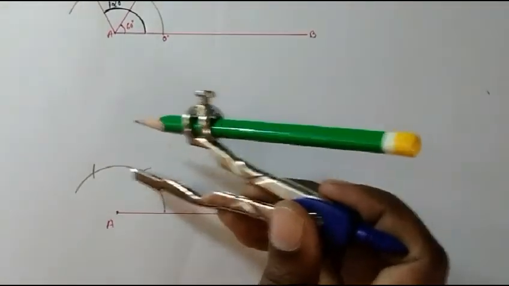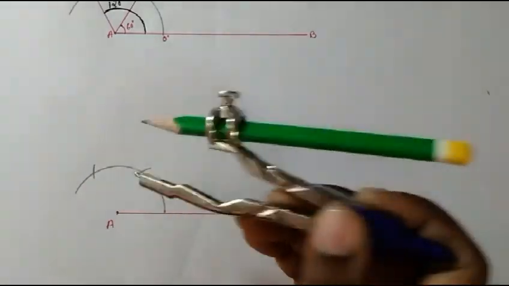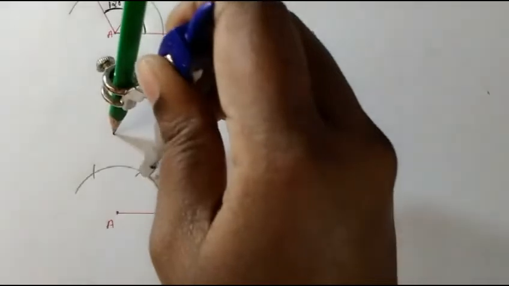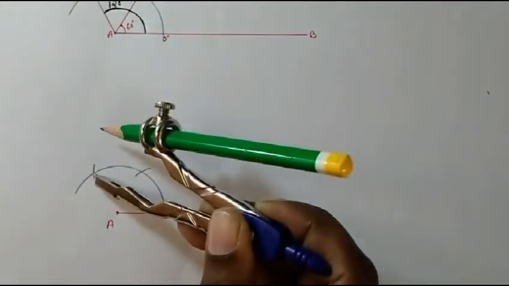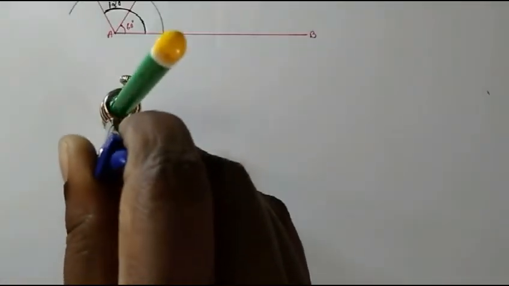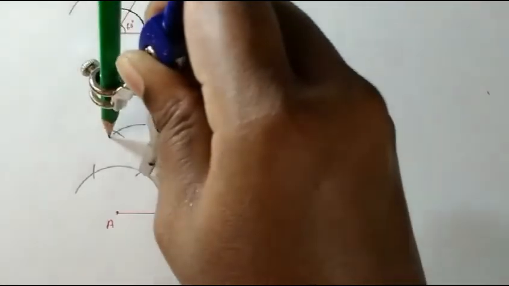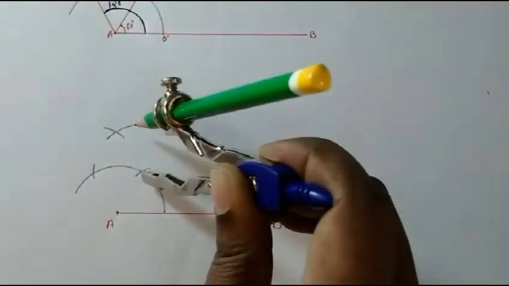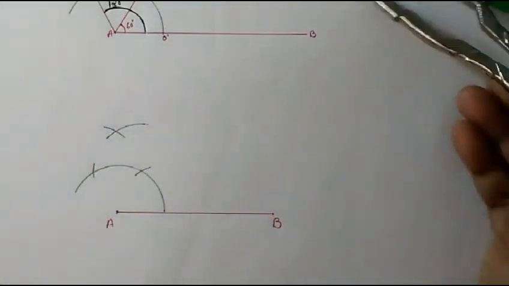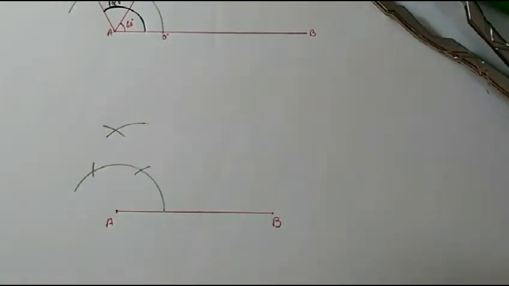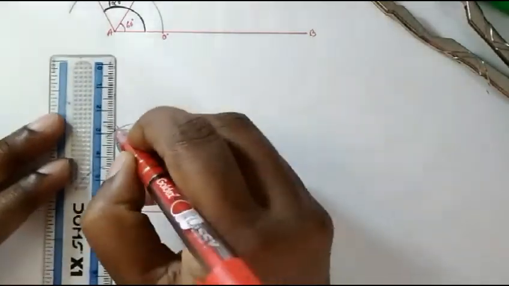Okay, so you know this is 60, this is 120. So keep on 60, same measurement, draw one arc here, and keep the other point on this 120 and cut the arc. Okay, 60 from 120, cut, then the line that is formed, you join straight.